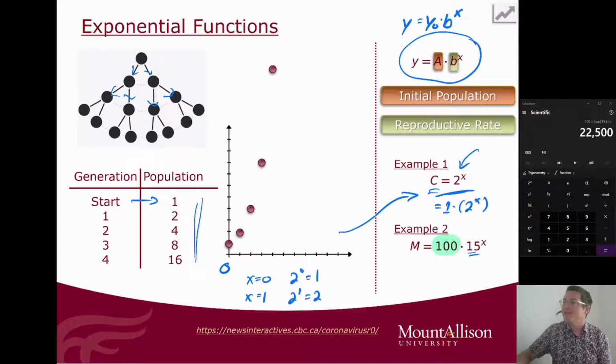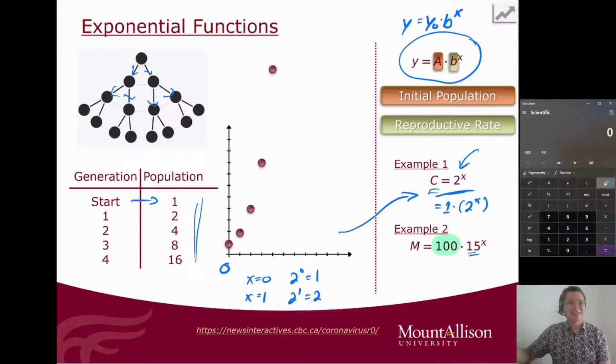Or let's say we were to look at the second generation: if I go through the math, 100 times 15 to the power of 2, that gives me 22,500 in my second generation.